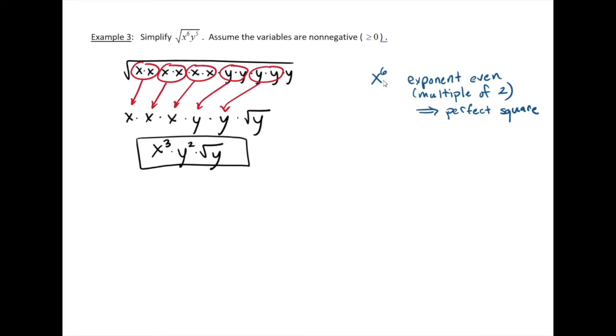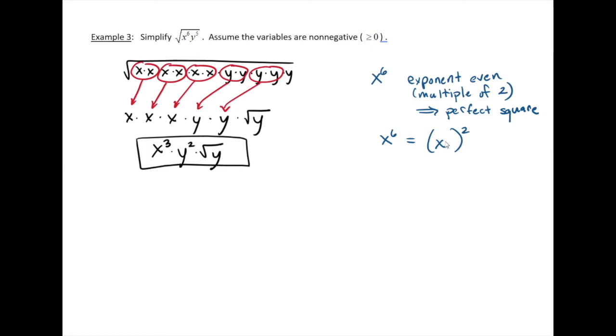First, let's look at why an even exponent, an exponent that is a multiple of 2, will give us a perfect square. To write this as a perfect square, we need to have something raised to the second power. And if you remember your rules for exponents, if we have something raised to a power and all of that raised to another power, we multiply the two exponents.